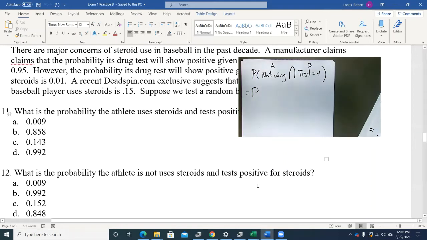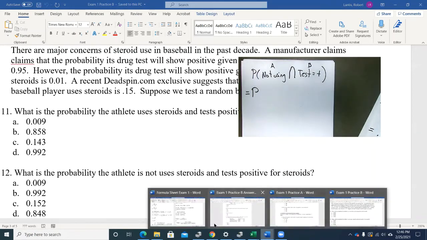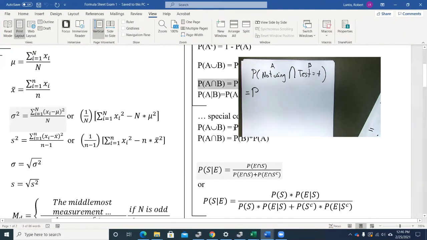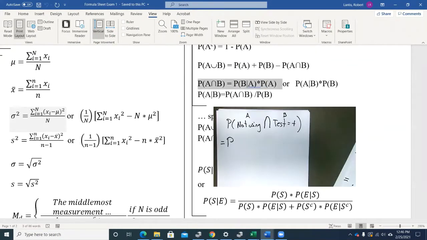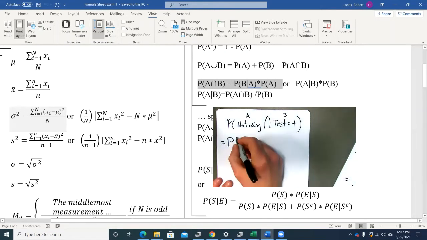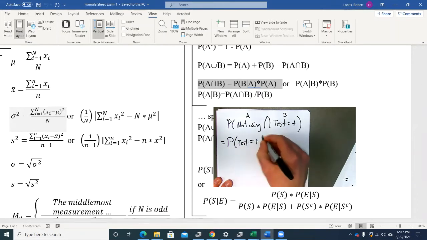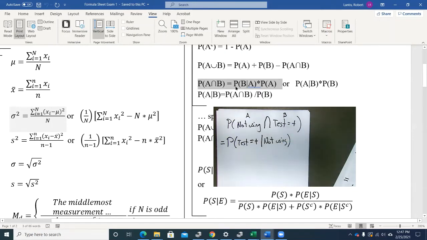Now, just as a reminder, that highlighted formula is the one we're using. So A and B is the probability of B given A. So the probability of the test coming back positive, given that our event A is not using. I'm really just writing out this equation I have highlighted in gray in the context of my example.